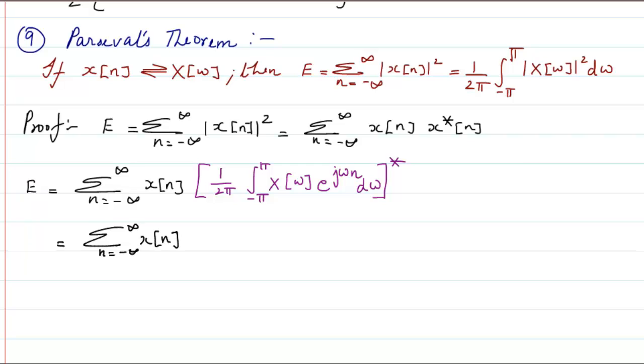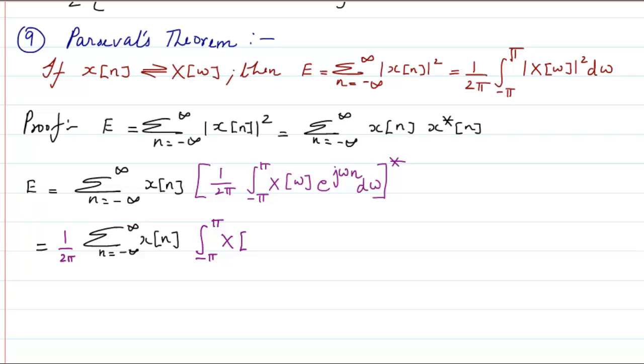1 by 2 pi I can write outside. So it is equal to 1 by 2 pi, which I will take outside, and then the integral minus pi to plus pi x of omega.